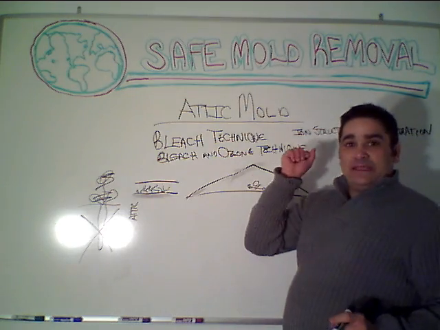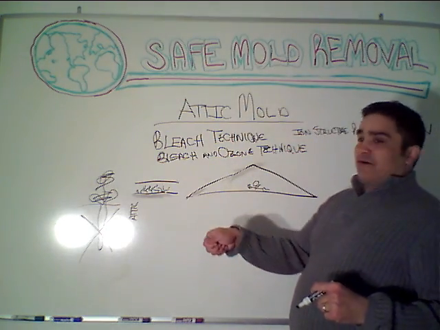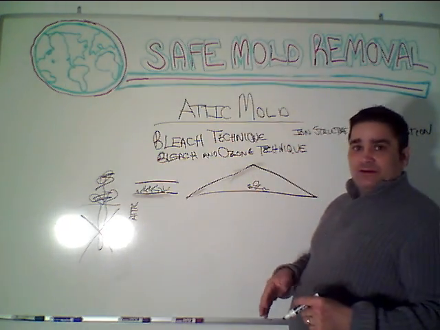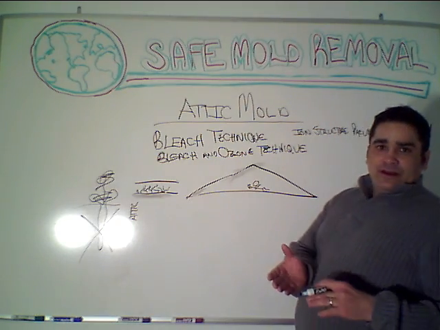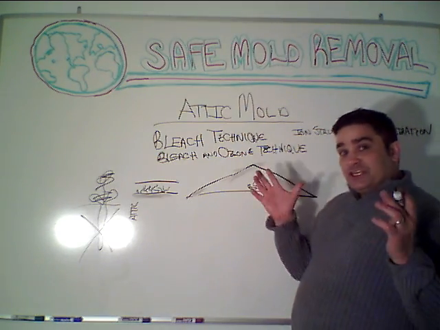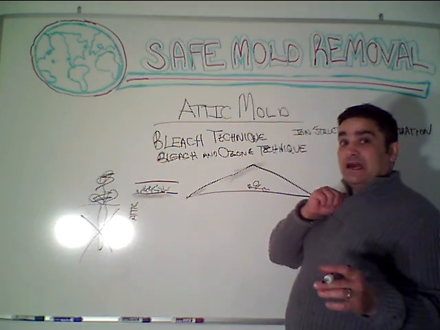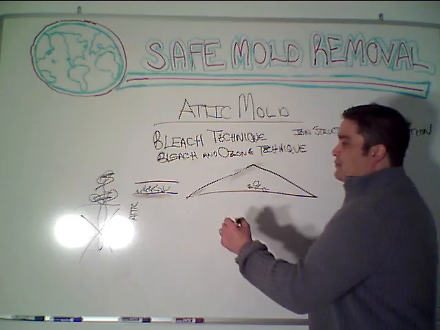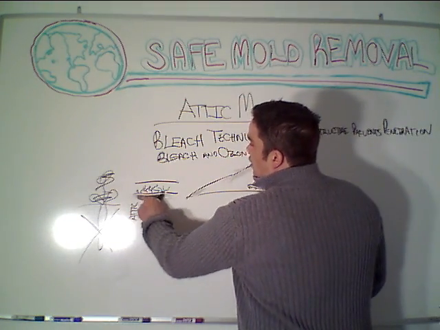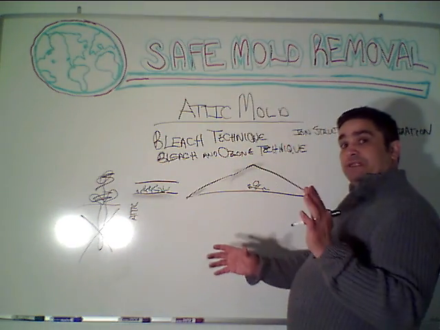They get in and they spray the attic down with a powerful bleaching oxidizer. There are some professional ones like MMR or some other household names, or they just use a strong oxidizing chlorine agent.